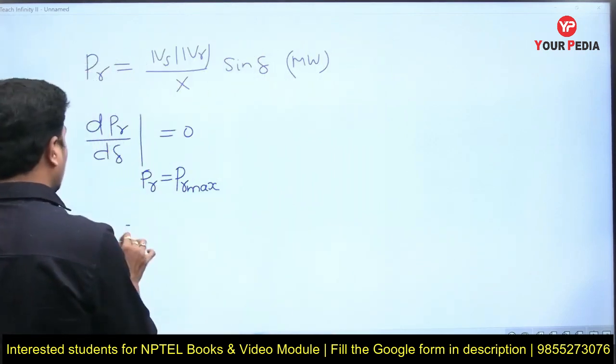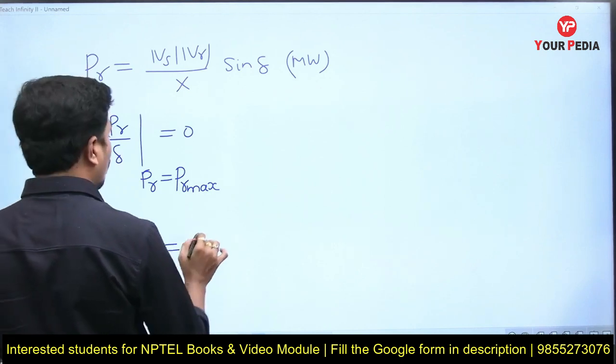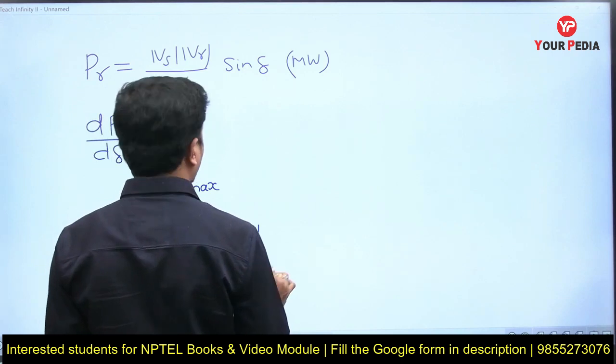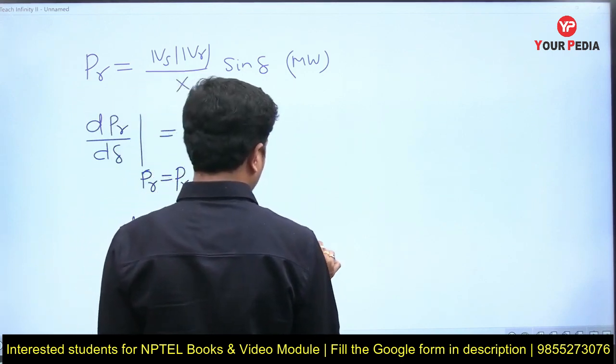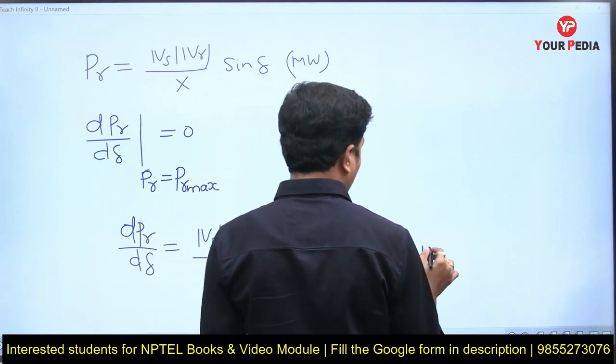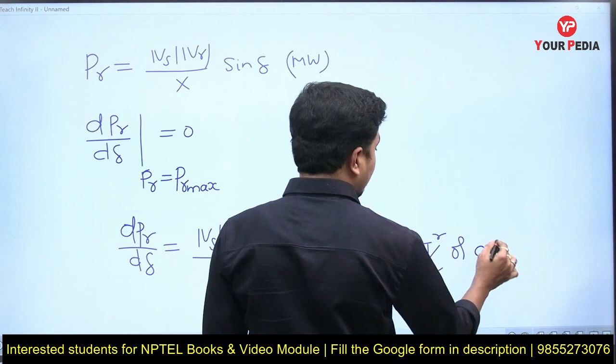Then dPR by d delta is equal to mod VS mod VR by X into cos delta, the derivative of sin delta, that is equal to 0. That implies delta is equal to pi by 2 radians or 90 degrees.